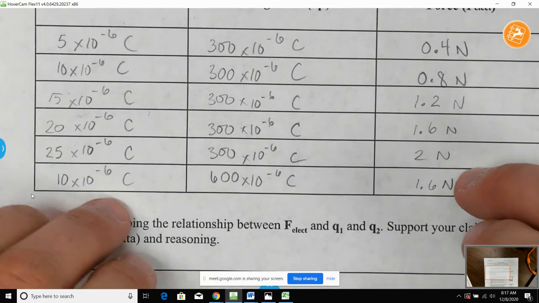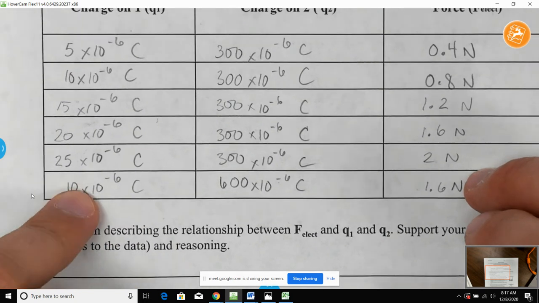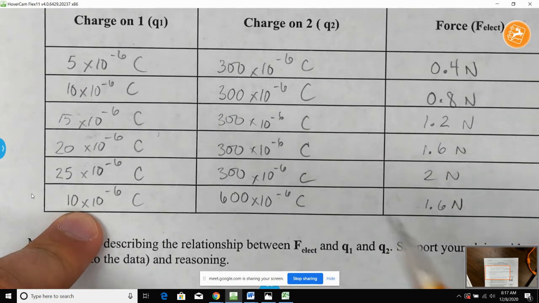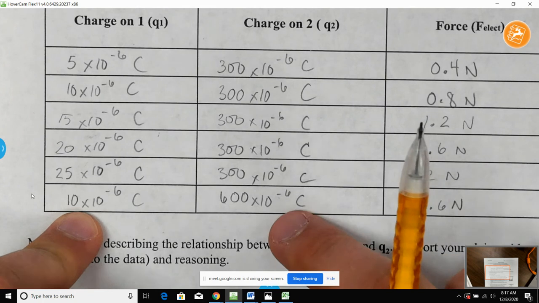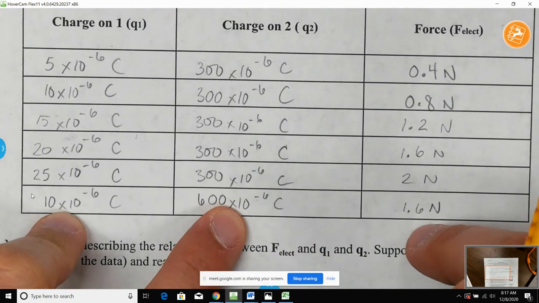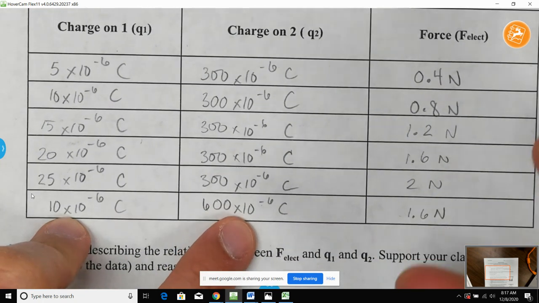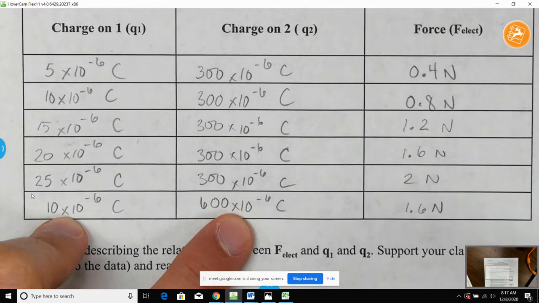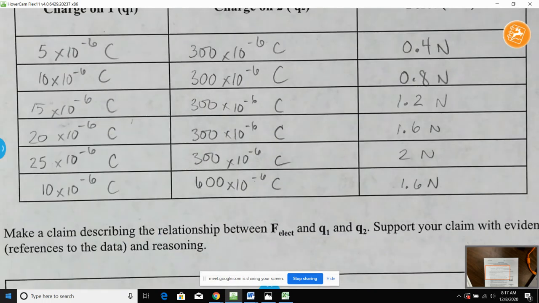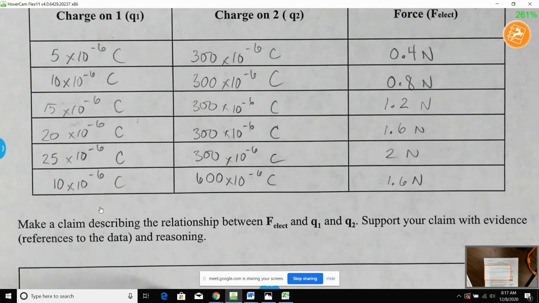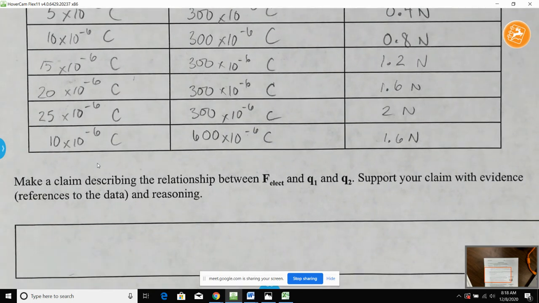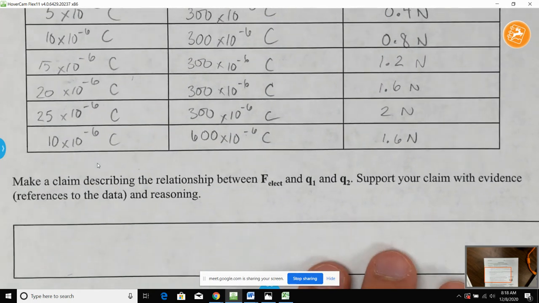And then what I did is I went back, I doubled the first value on Q1, and then I doubled the second value on Q2. 1.6 is how many times greater than 0.4? 4 times greater. So make a claim describing the relationship between these two values, or between these factors.